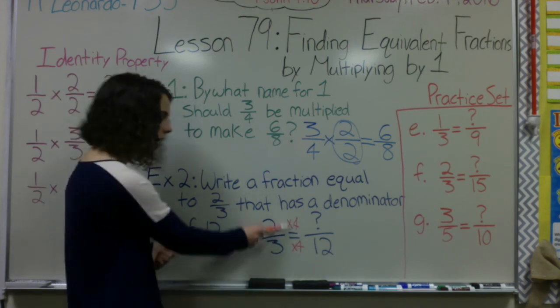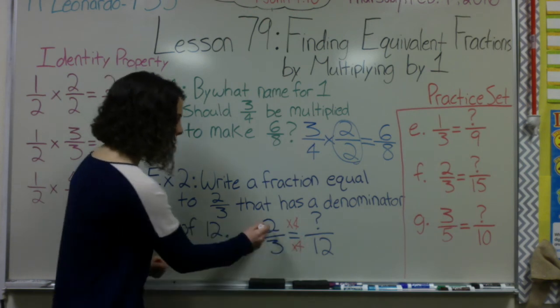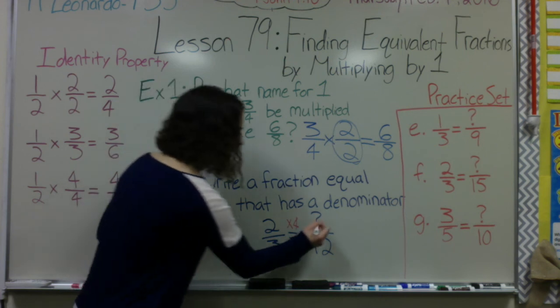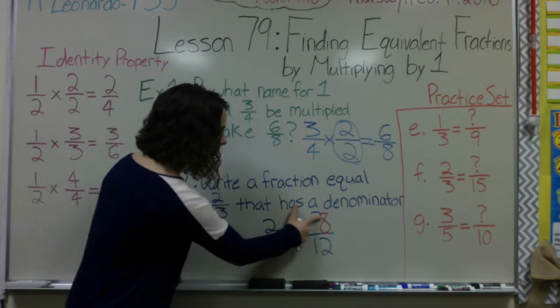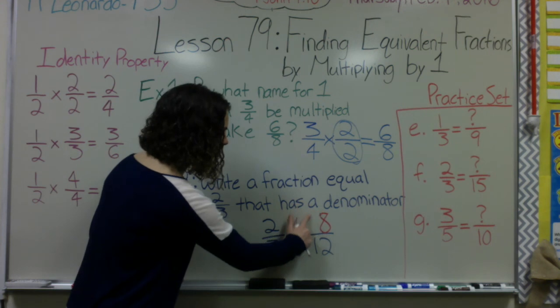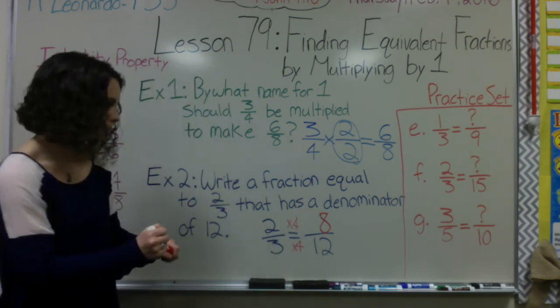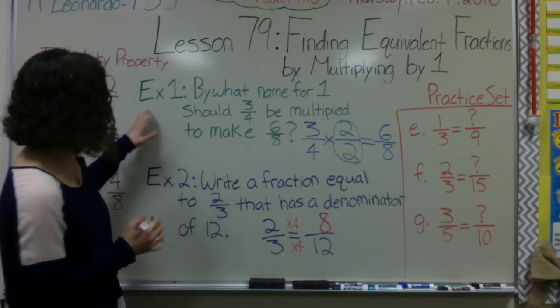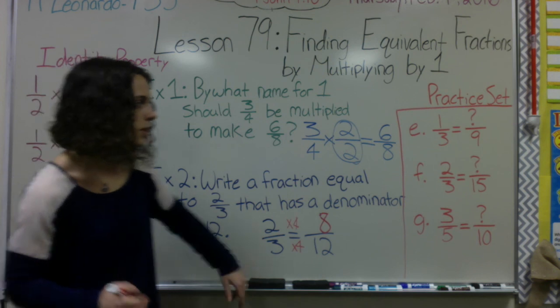Whatever I multiply on the top, I have to multiply on the bottom, so that they are equivalent. So 2 times 4 equals 8. My answer would be 8 over 12. That would be my fraction. 2/3 equals 8/12.